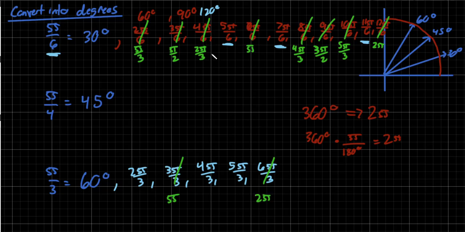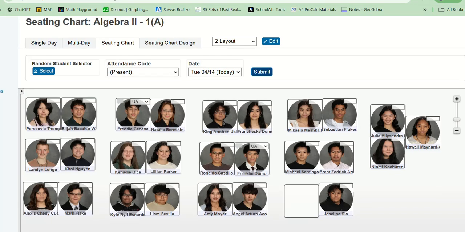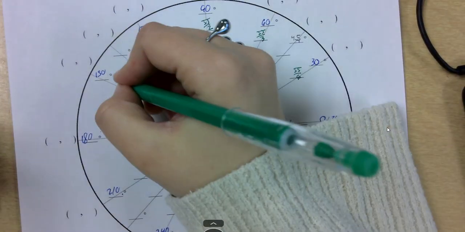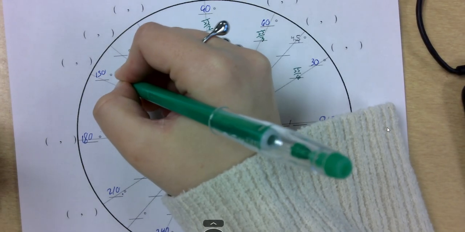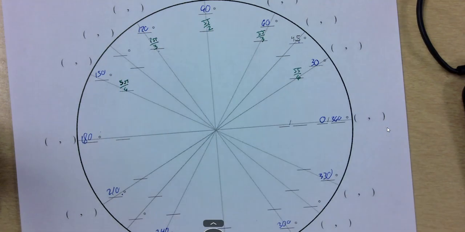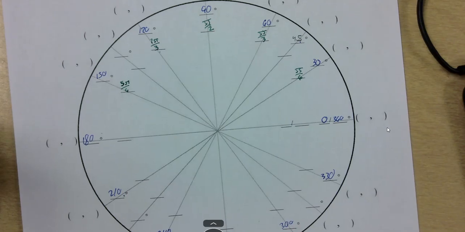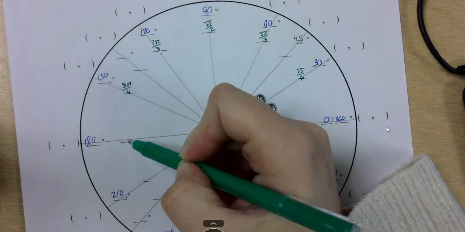What's my next one on my line? That I was going up by 30 degrees each time. What's next? Yep, 5 pi 6. So next 30 degrees should be 5 pi 6. So I'm going up by 30 degrees each time. So I'm going up by pi 6 each time. Yeah? Okay. So what would my next one be?